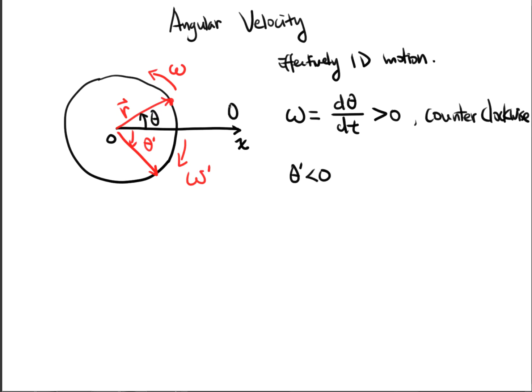So previously theta is positive, and omega prime equals d theta prime dt is also negative since it's clockwise. So how to understand this counterclockwise as being positive and clockwise as being negative?